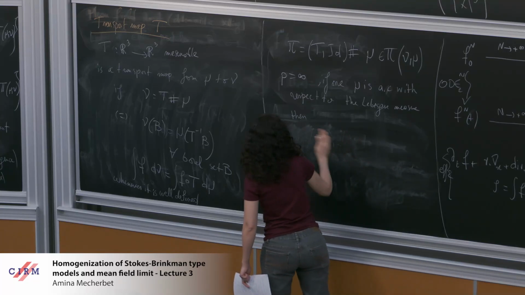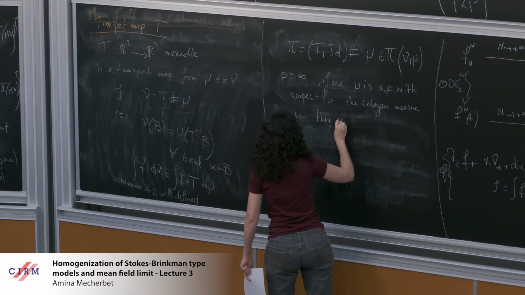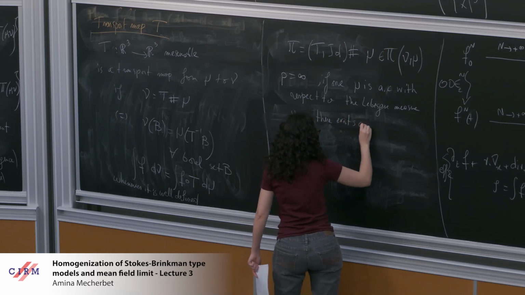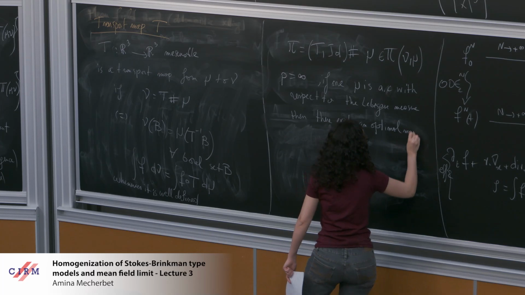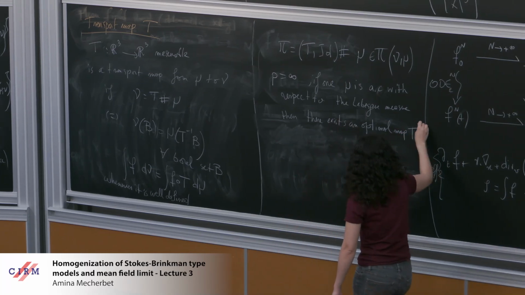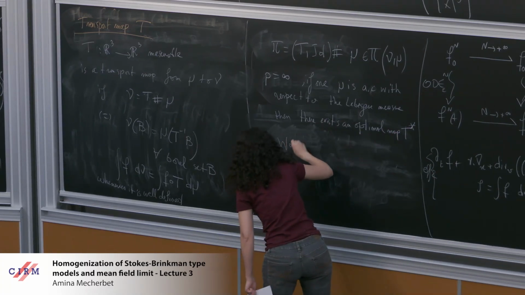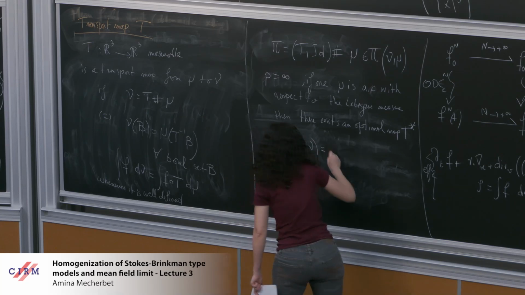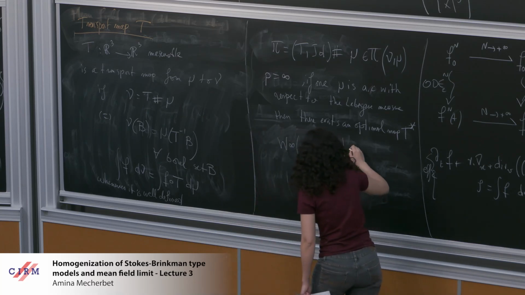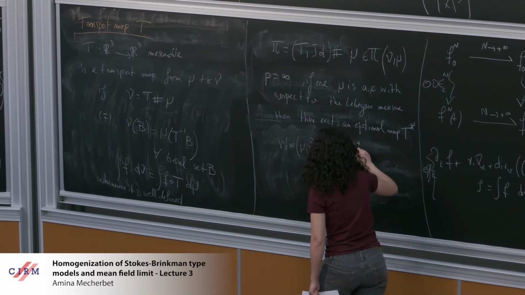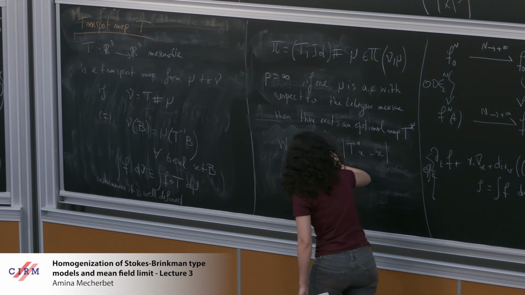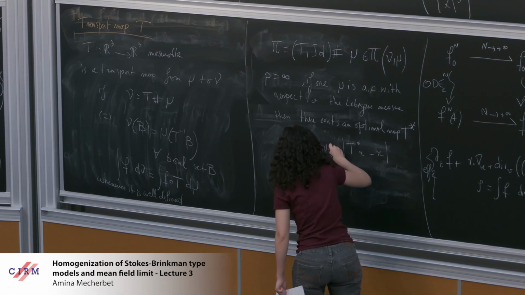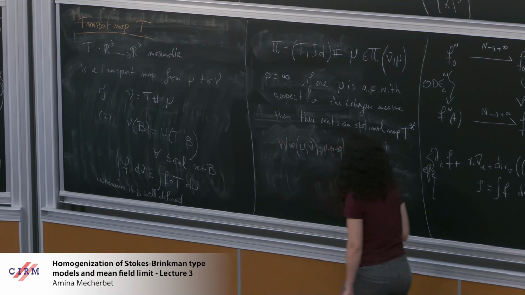There exists an optimal map, let's call it T star, such that the Wasserstein distance is equal to the cost associated to such a map.